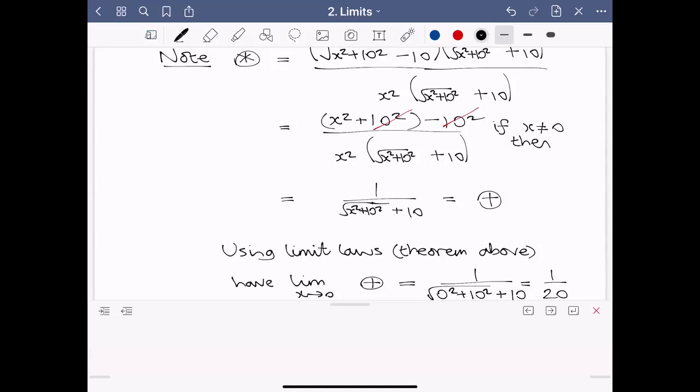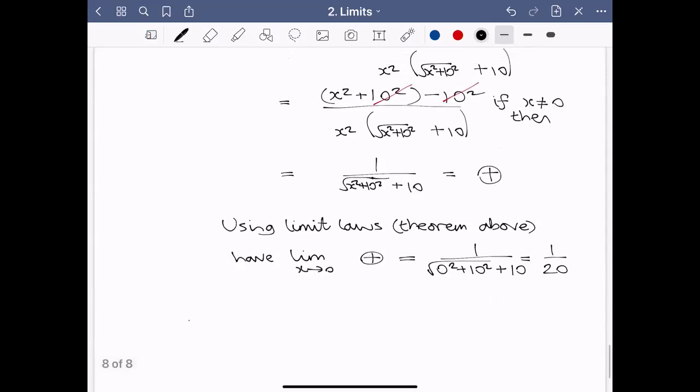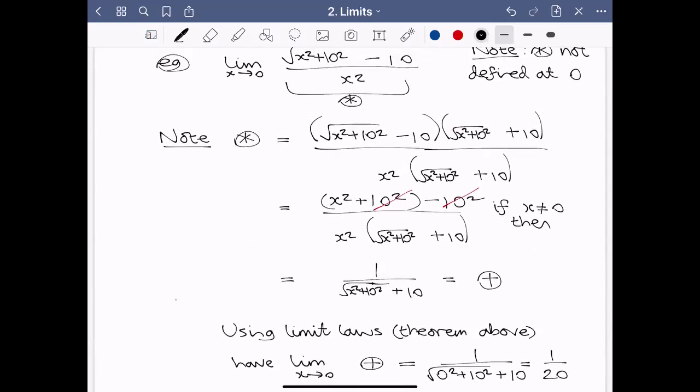Okay, so going back. The limit of star, which we wanted to calculate, is the same as the limit of plus by the algebra in the middle.